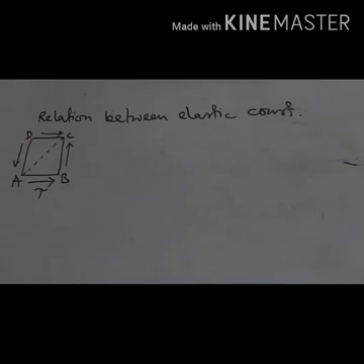The resultant distortion of the element, the total change in the corner angle, is plus minus phi.